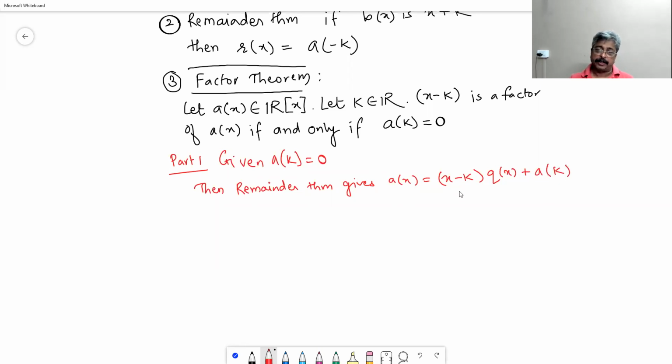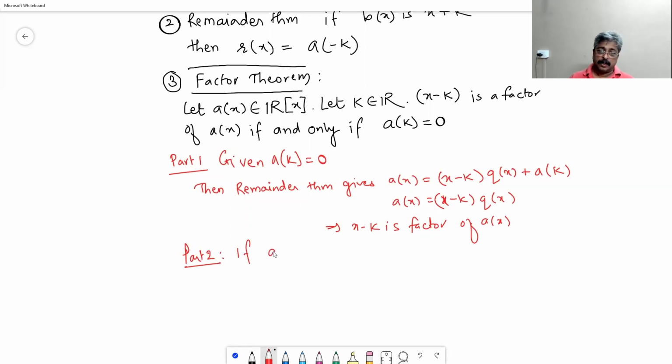This is what is remainder theorem. Therefore, if a of k is 0, then a of x is equal to x minus k into q of x. This implies x minus k is a factor of a of x.